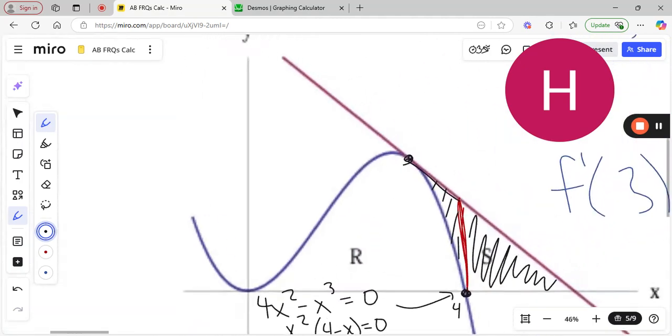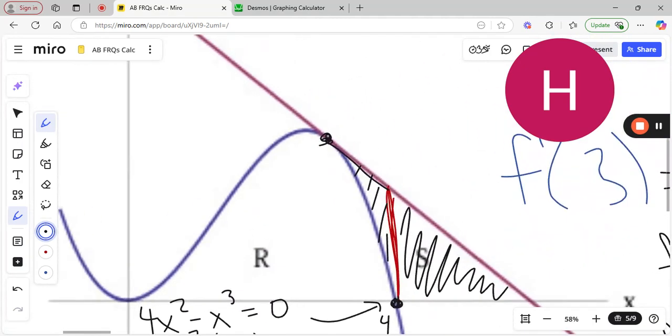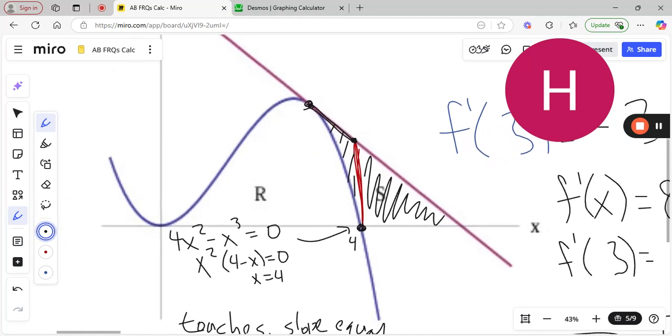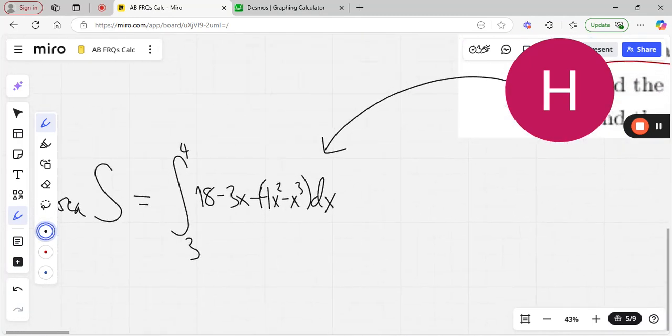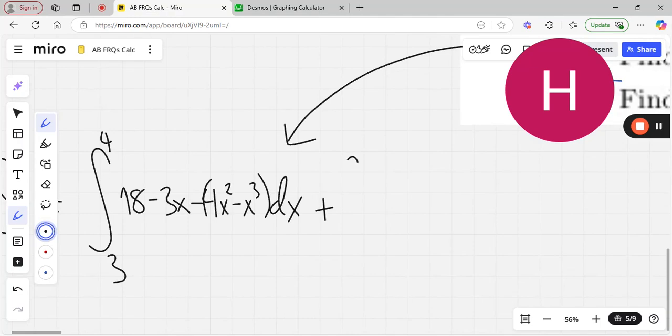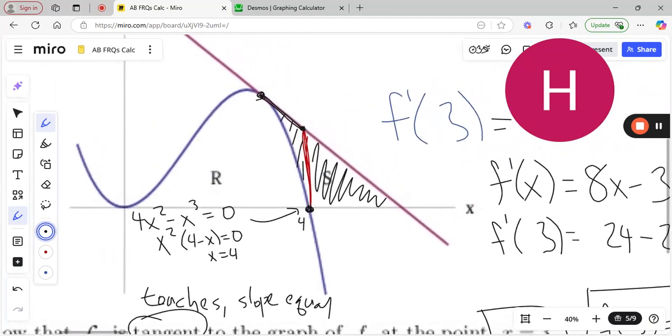That's the portion of the area that goes from here to here, with the function f of x as the bottom and the line 18 minus 3x as the top. But then we need to add this portion which is only contained by the line. And of course, when does this line cross?